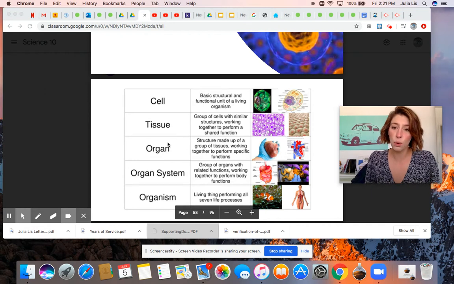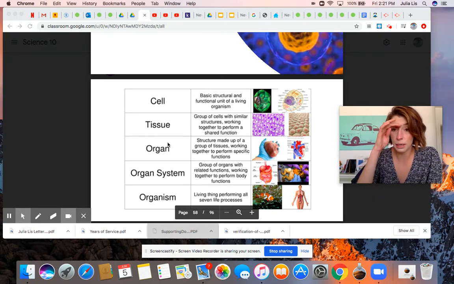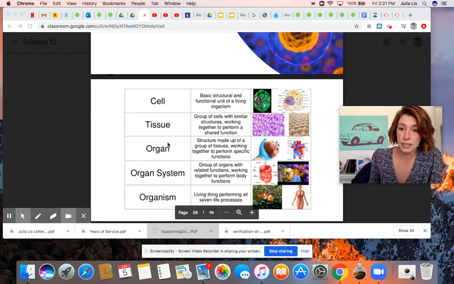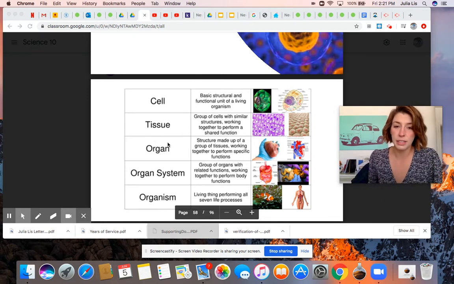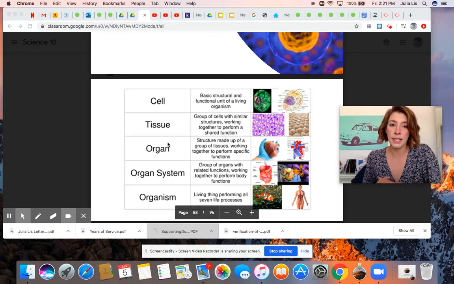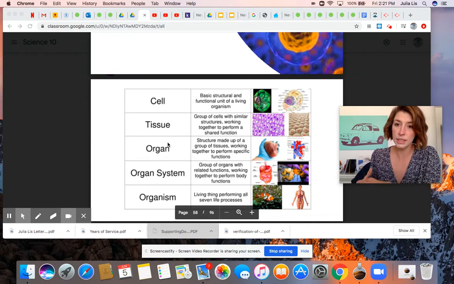And when you have organs that are all working together for a certain function, like your digestive system, for example, which is made up of your mouth, your esophagus, your stomach, your large intestine, small intestine, rectum, anus, even your pancreas and your liver all incorporated in that, that makes up an organ system.